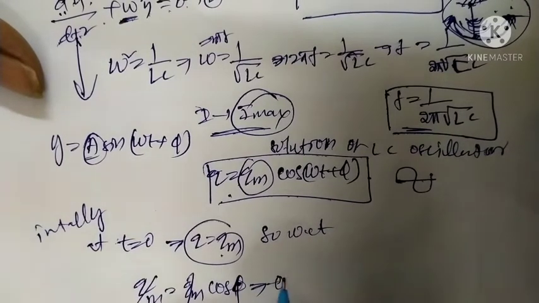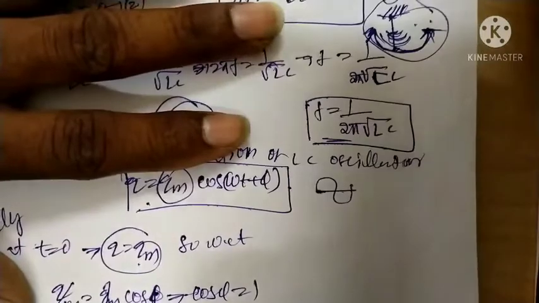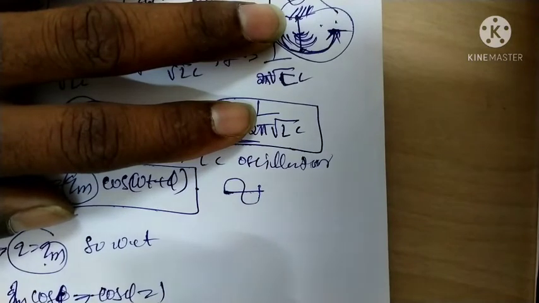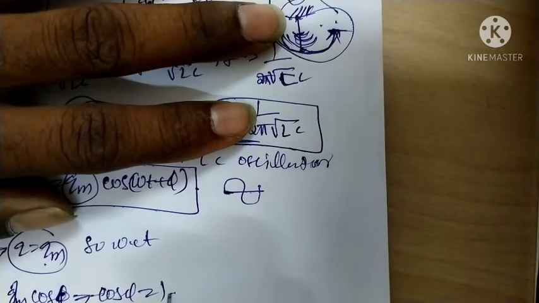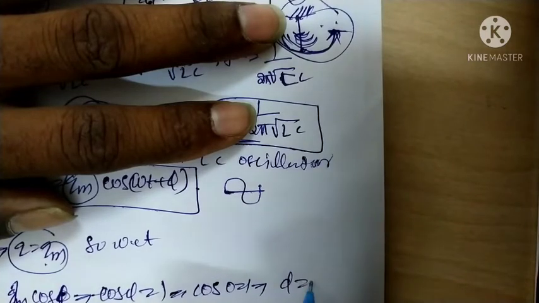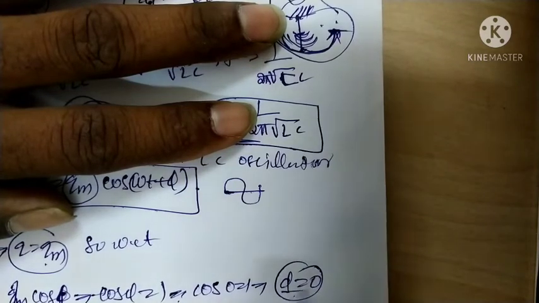Qm is cancelled, so cos phi is equal to 1. What is the value? Cos 0 is equal to 1, that is phi is equal to 0.